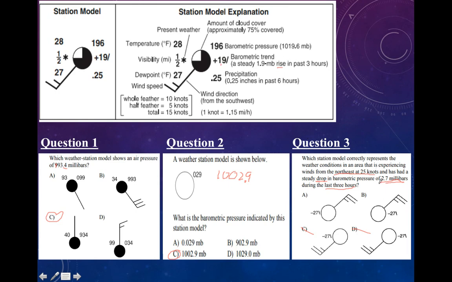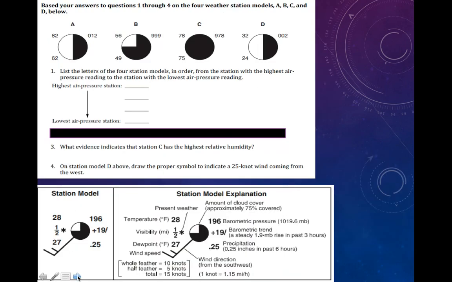In our question, they said a drop of 2.7. So the number on the station model should be on the right-hand side of the circle, and 2.7 would look like 27. And it's dropping, so it should be negative. And it looks like choice B has your negative 2.7 millibar drop. There's your answer. Okay, so that's that.